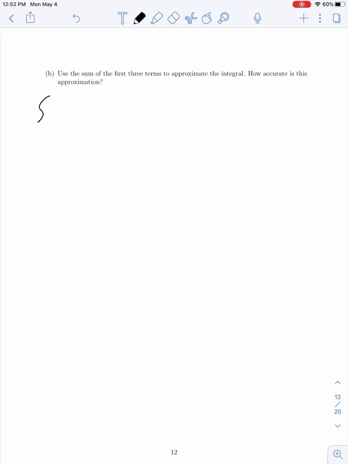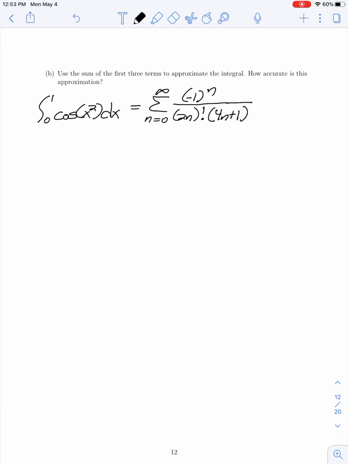So here we had the integral from 0 to 1 of cosine of x squared dx was given by the sum from 0 to infinity of negative 1 to the nth divided by 2n factorial times 4n plus 1. So if I'm using the first 3 terms to approximate this sum, let's see what we have.